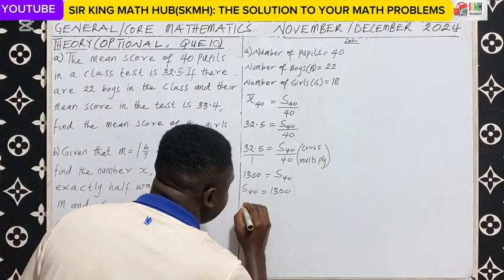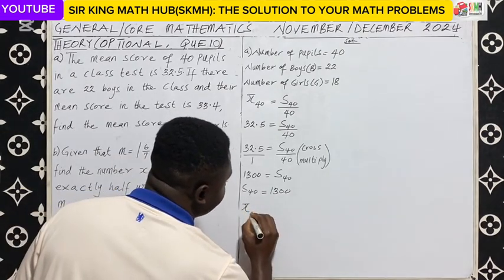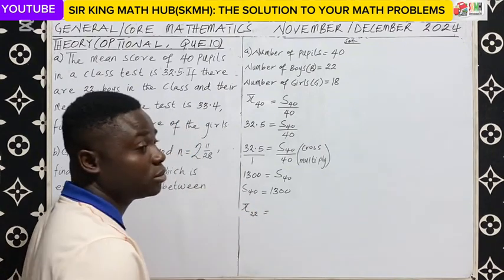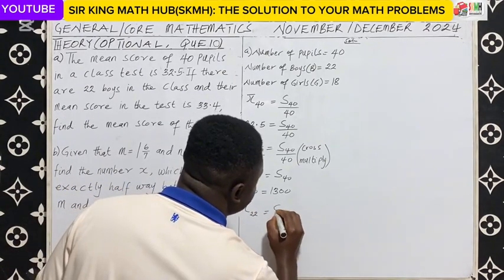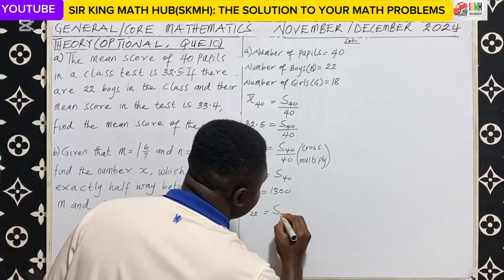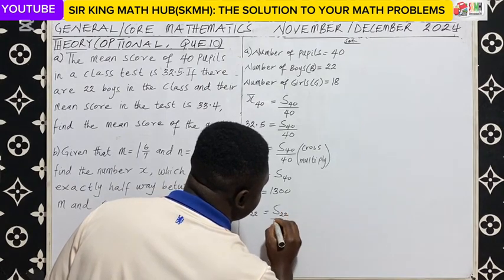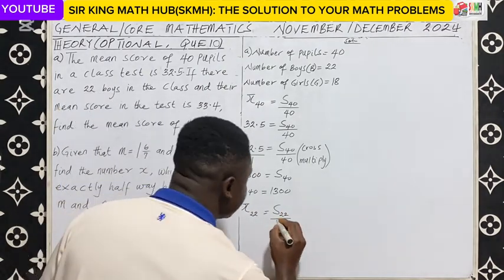So the mean score of the 22 boys will also be equal to the sum of the individual scores of the 22 boys divided by the total number of boys, which is 22.